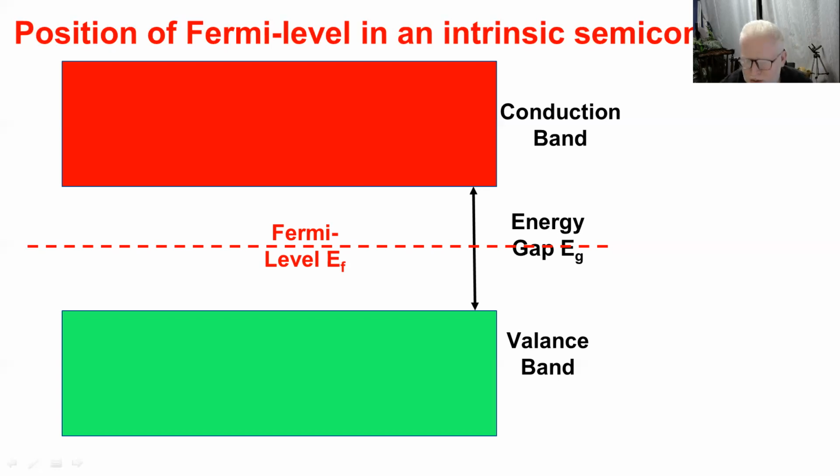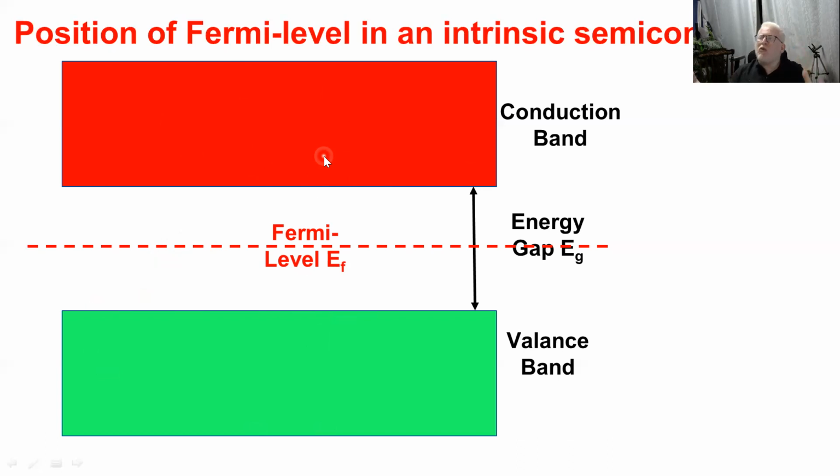Typically, it's the same here. As long as the number of electrons in the conduction band and the number of holes in the valence band are equal, then the indicator, which is the Fermi level, will be in the center. If the number of electrons becomes lower, you have one side heavier than the other.